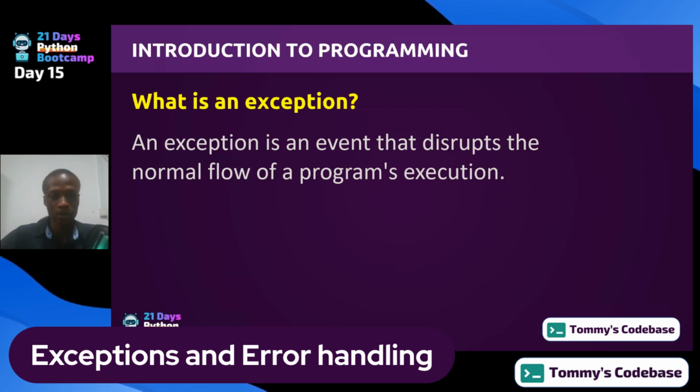that may cause exceptions. So when an exception occurs, when an interruption or disruption occurs, Python tries to draw your attention to the fact that this has occurred. It even goes ahead to give you what we call an exception object, or for now, let's take it like it shows an exception, which usually contains information about the type of error and sometimes details on it, like maybe a string division is not allowed.